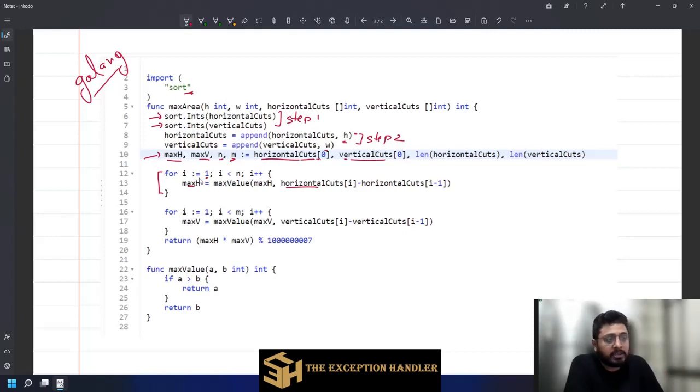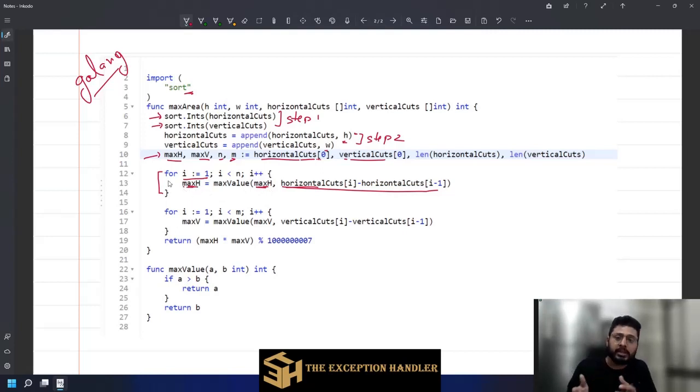Now I've started my iteration from the second element, that is index 2, and started finding the difference of the current index and the previous index. That's the difference of height or the width that I have, and I find the maximum value from this difference and the previous maximum, and this is stored.